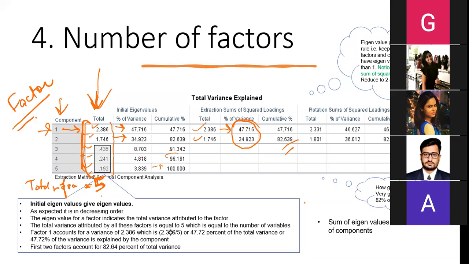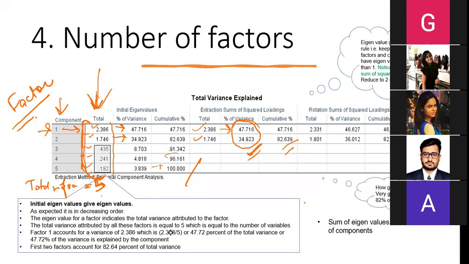And we said that if it is higher than 60%, it's good to go, isn't it? So these 2 factors are explaining 82% of the variance. So we are not going with 5 variables. We can summarize the data by using only these 2 factors, because these 2 factors can explain 82% of the variance. Okay, do one more thing.